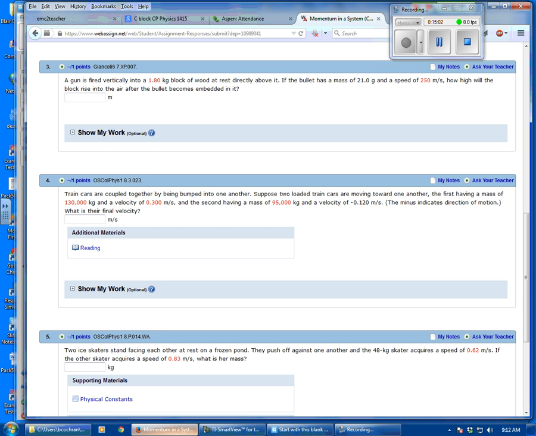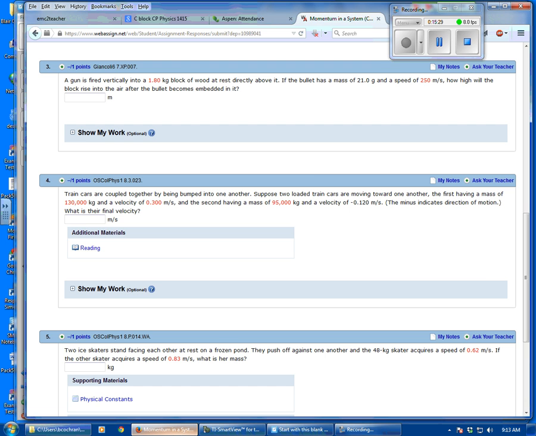I'm going to take upwards as positive, so I don't have to worry about my negative sign. Do I know the inertia of the block? Yep, 1.80 kilograms. And no, kilograms are our base unit of mass. That's why I turn the mass of the inertia of the bullet into kilograms.